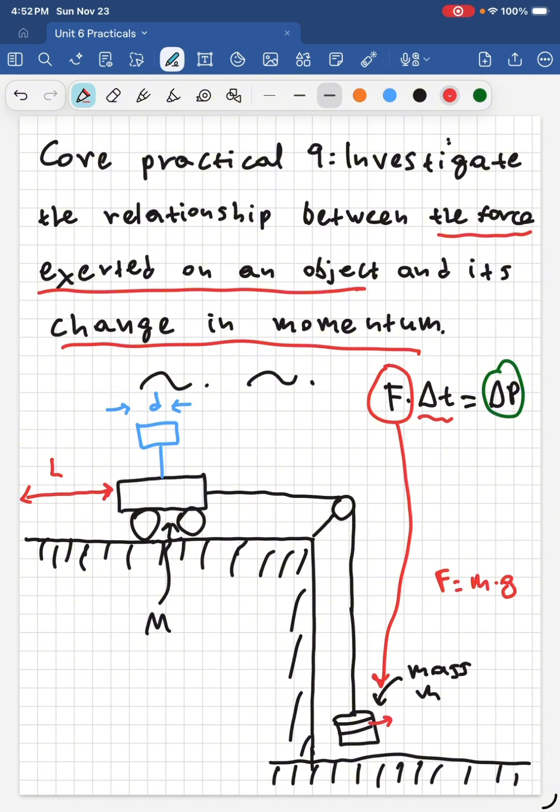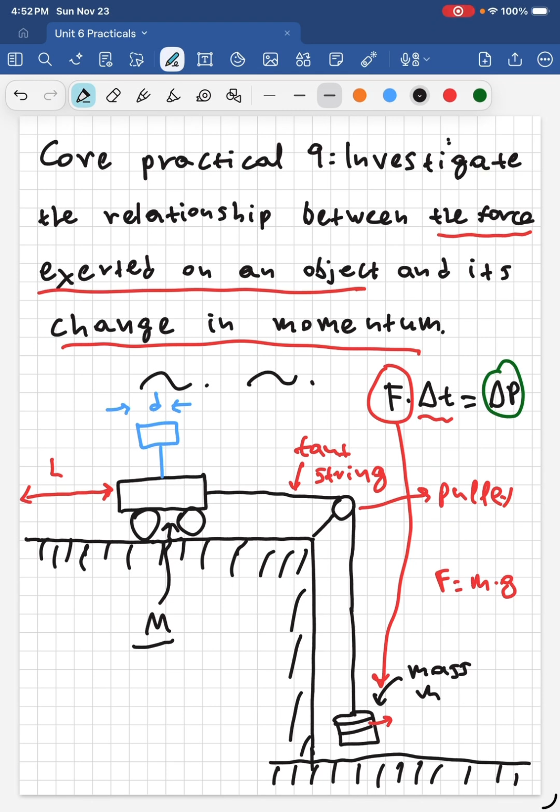This is a taut string, and we also need a pulley. And we have a cart with mass capital M, to distinguish it from the m times g.